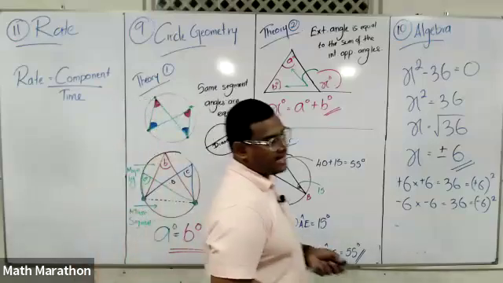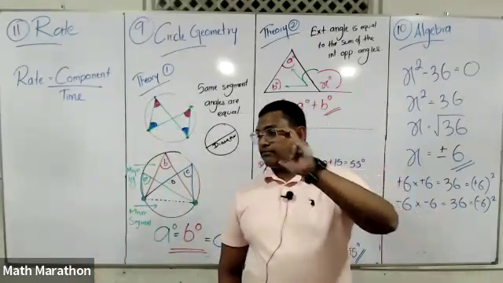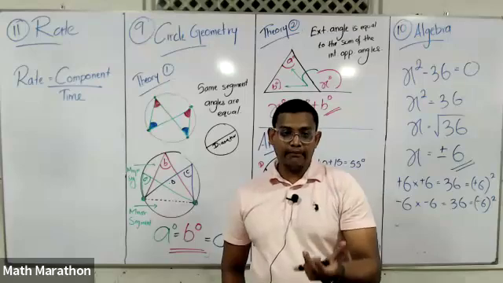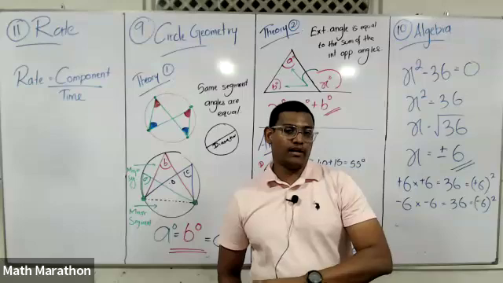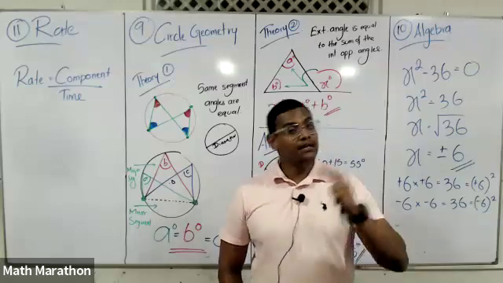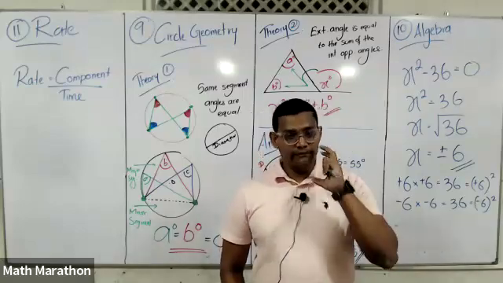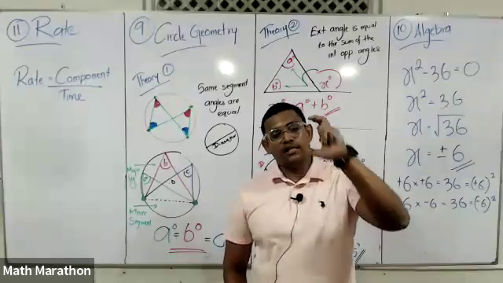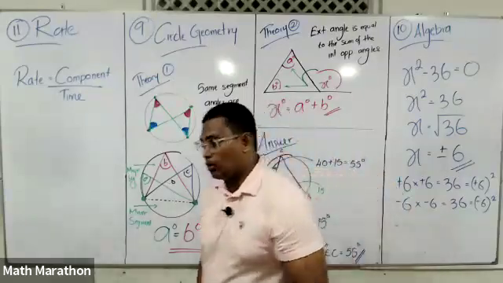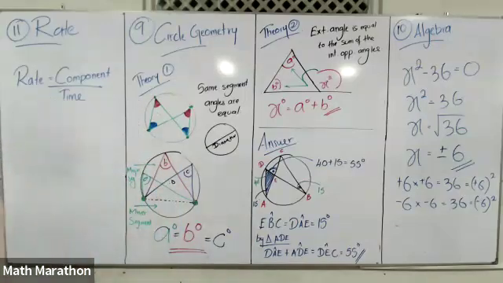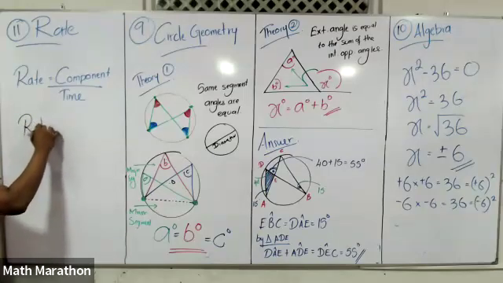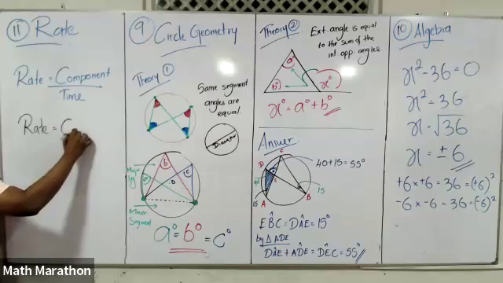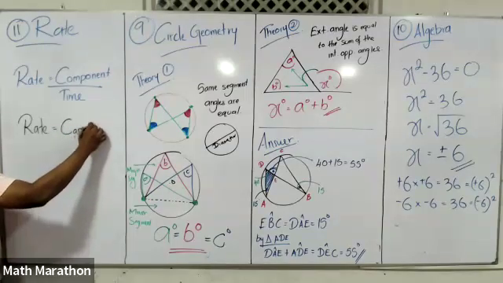Uniform rate means you get the same throughout. It won't change. If it's 480, fixed, you will get 480 throughout. Find the rate through the pipe. So the rate equals capacity divided by time.